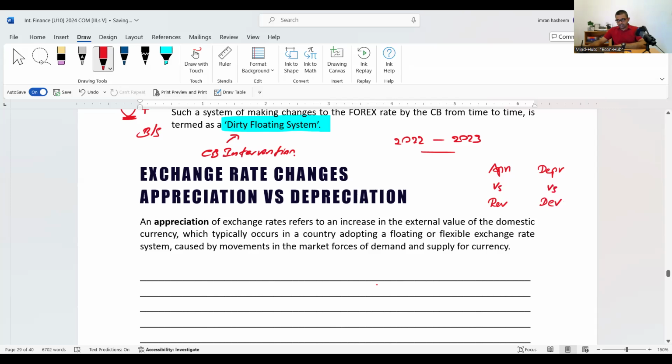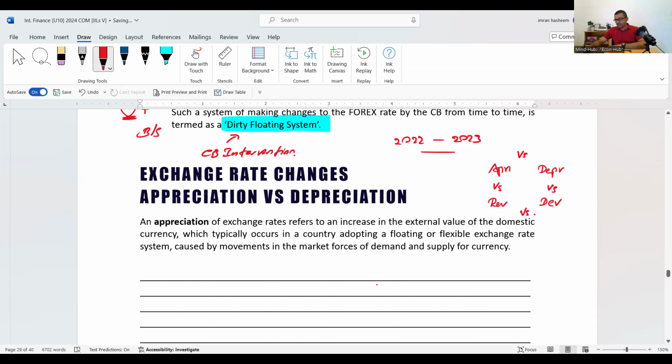Also, there is a comparison for you here and here. Don't know whether I made sense. You have to learn to compare appreciation with depreciation. You have to compare revaluation with devaluation. Appreciation with revaluation. Depreciation with devaluation. All of these comparisons are critical.